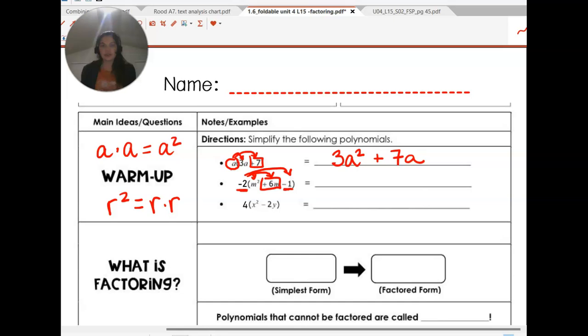So negative 2 times 1 is negative 2, and then we attach the m squared. Negative 2 times positive 6m, so that would be a negative 12m. Negative 2 times negative 1, negative times the negative, that's our positive, and then 2 times 1 is 2.